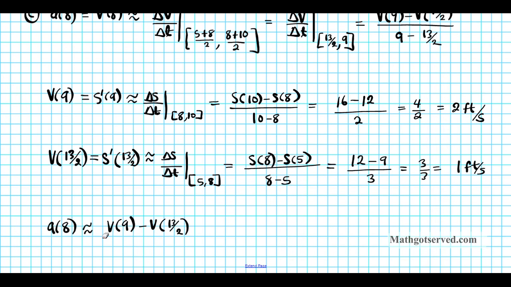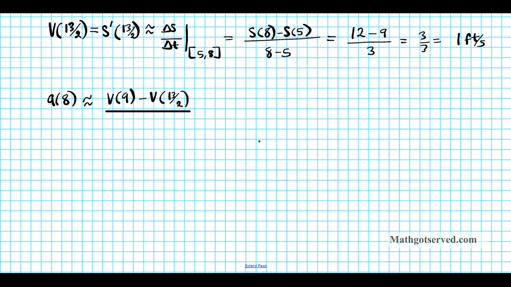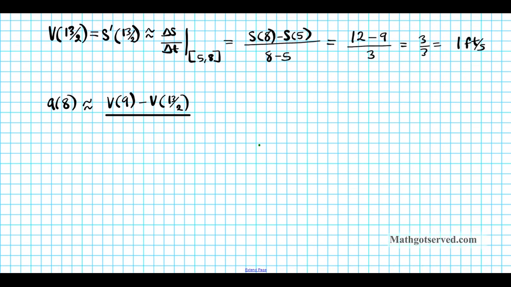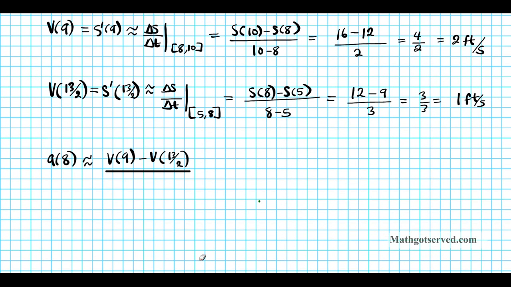We can write 9 as a fraction and find the LCD, so put 9 over 2 and multiply top and bottom by 2. That's going to yield 18 over 2 minus 13 over 2.